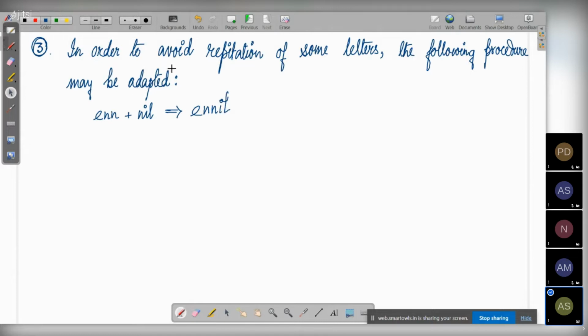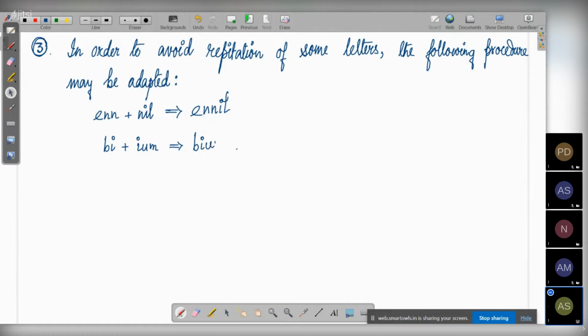Or suppose the letter is bi followed by ium. If you simply add them up, it will be bi-ium. Giving two i's doesn't make any difference, so it will be bium. That will be enough.